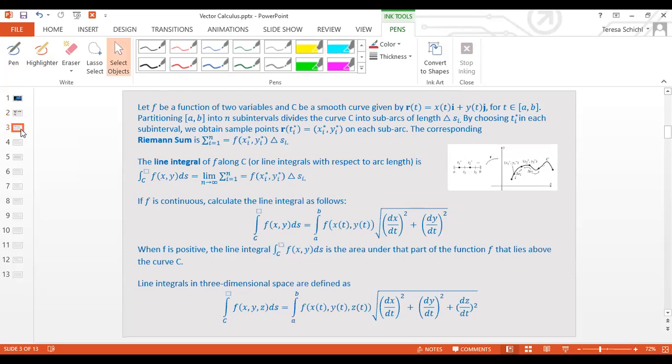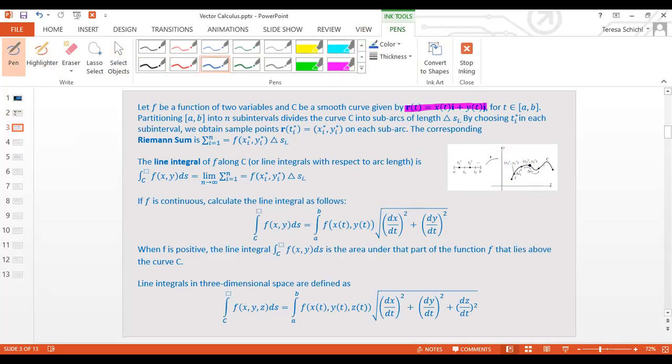Now let's take a look at our formal definition. We said f is a function of two variables, and C is a smooth curve, r of t is x of t plus y of t. We call this the parametric form.